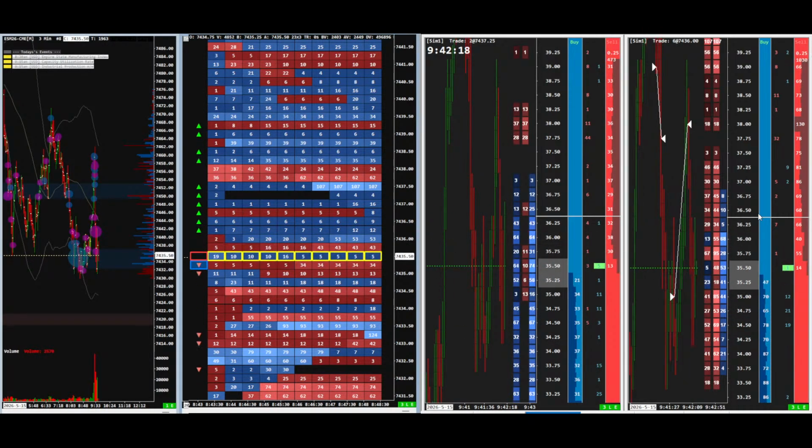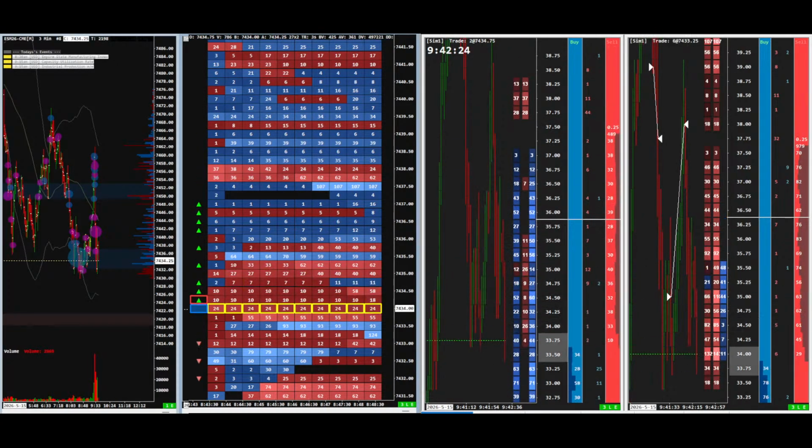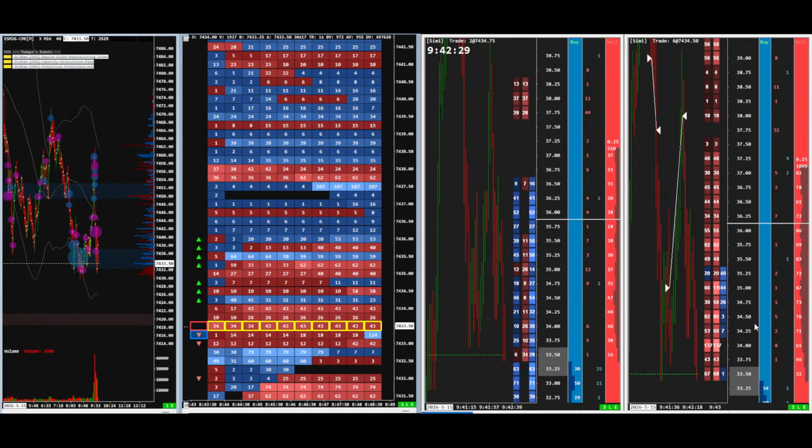What is? The high node, low node pullbacks. I'm already done trading. I switched to sim, but even my sim trades are working really well today.